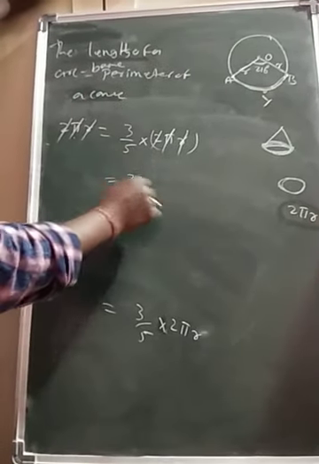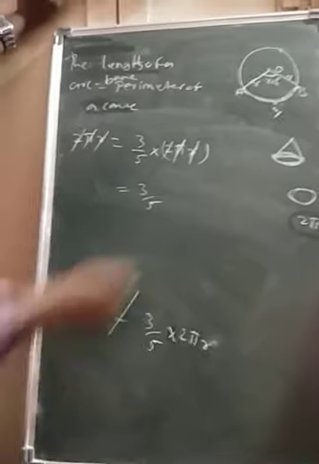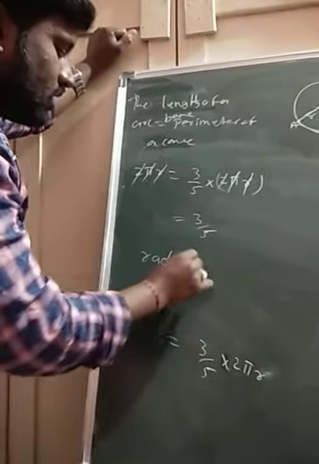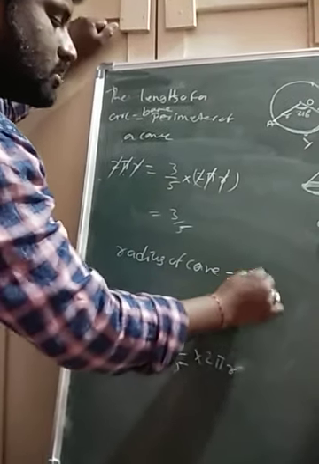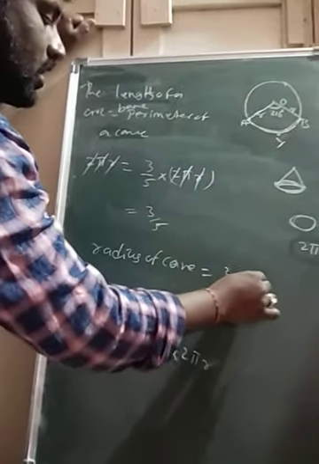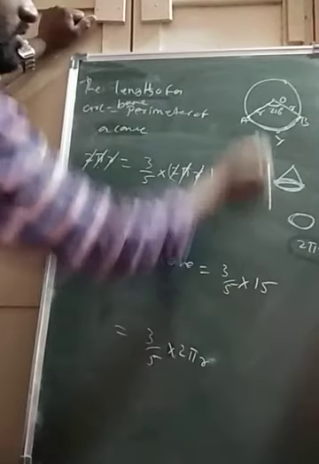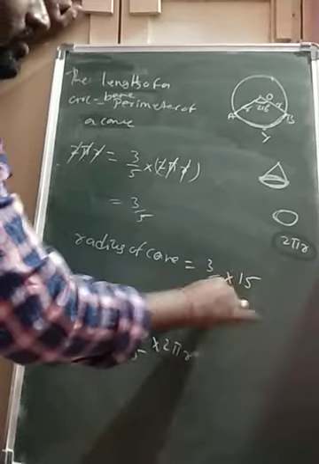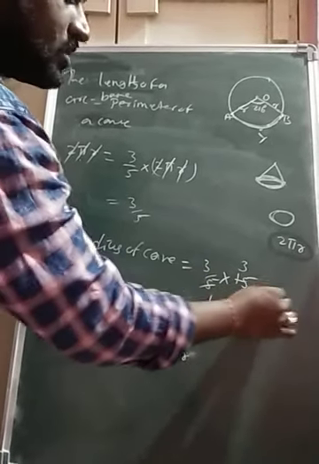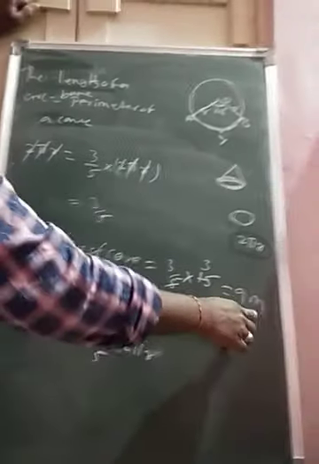That is 3 by 5 will come. So I want the radius of the cone. Radius of the cone is equal to 3 by 5 of the radius of the sector. Okay, so that is 5 1s are 5, 5 3s are 15, so 9 meters will come.